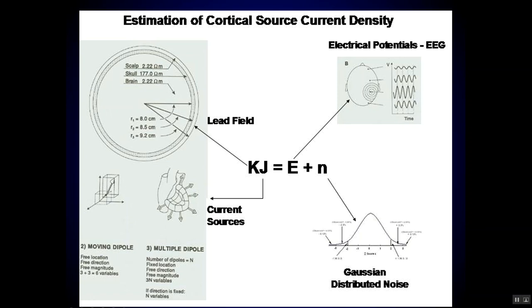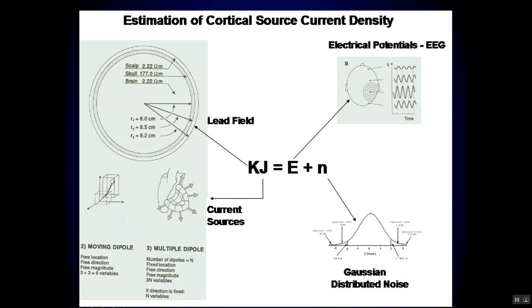In the case of the Key Institute LORETA, there were 2,394 of these little three-dimensional sources, one inside each of the voxels. So it's different from the discrete in that you have quite a large number of dipoles, and you're able to use linear algebra to derive the best fit.